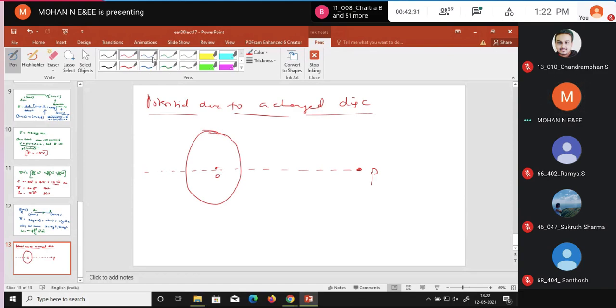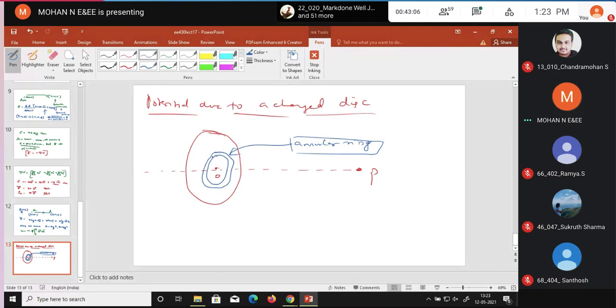For that, I will choose a small region here. It is also a circular annular ring, and I will find the potential due to this annular ring at point P, and I will integrate along the complete circumference using the radius.